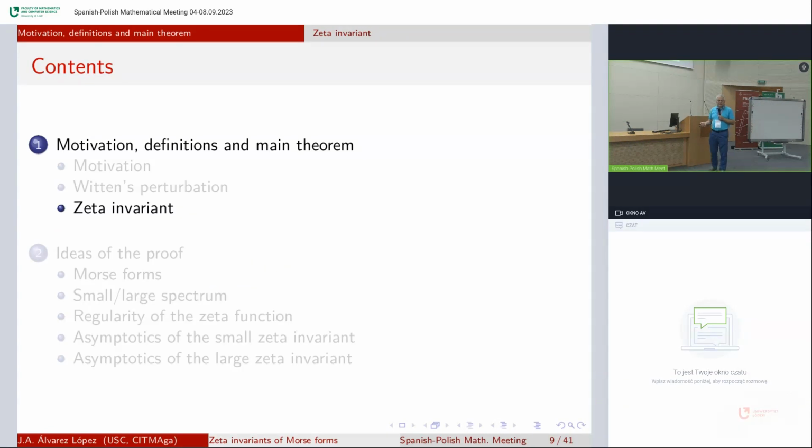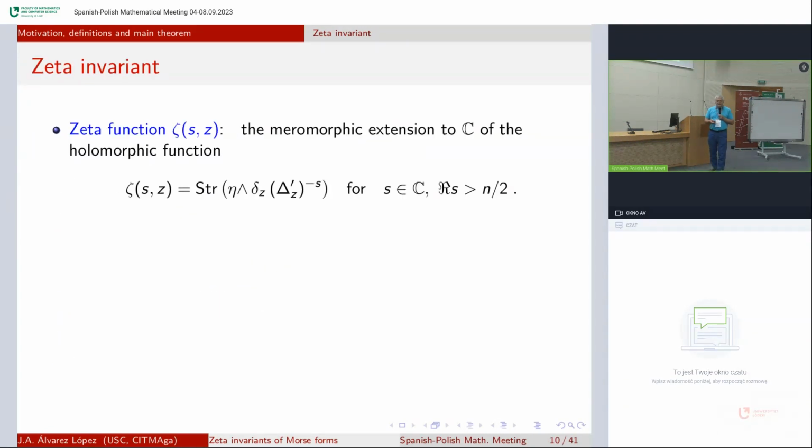Okay, now the theta invariant. We consider this theta function, which is a function of a complex number s and the parameter c. It is the meromorphic extension to the whole complex plane of this holomorphic function, which is given by the above power of delta prime c, the power being minus the complex number s, composed with the twisted codifferential, and then multiplied by the 1/4 eta, closed 1/4.